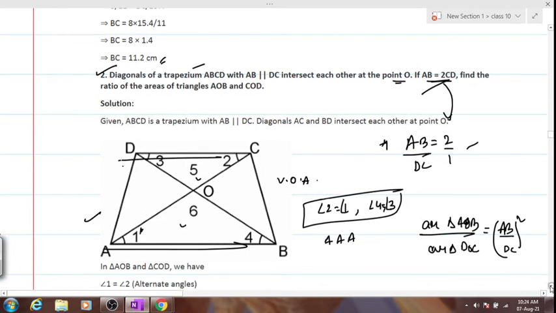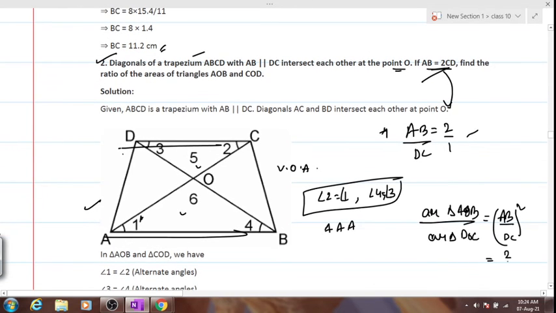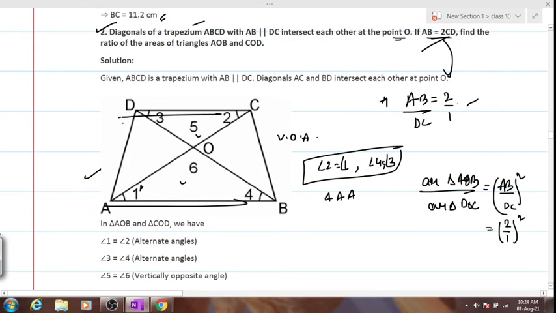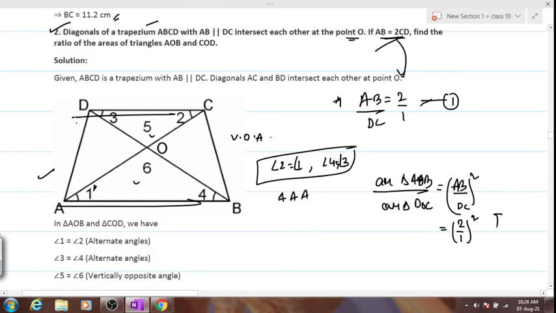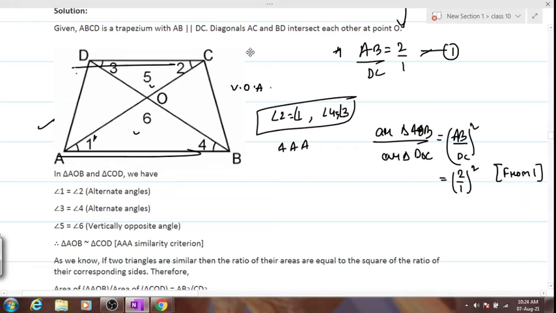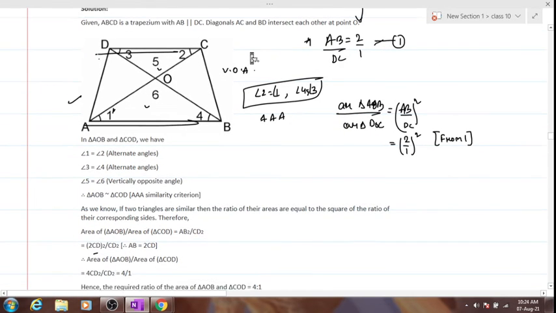AB is 2, DC is 1, and this will be termed as equation 1. So the ratio of the areas of these two triangles will be 4:1. Is this numerical absolutely clear in everybody's mind?